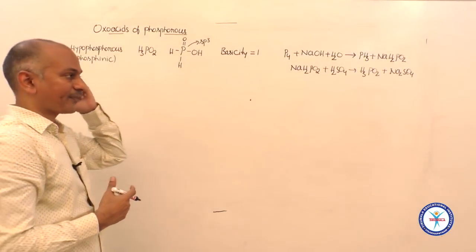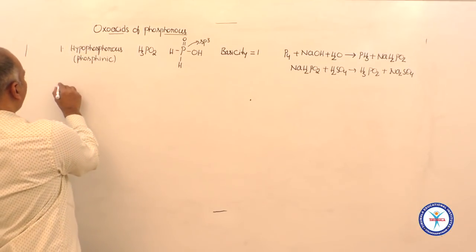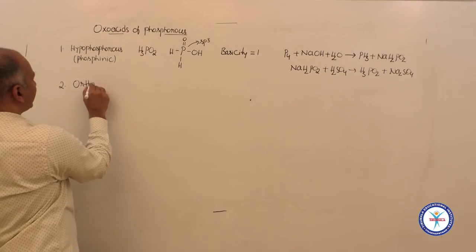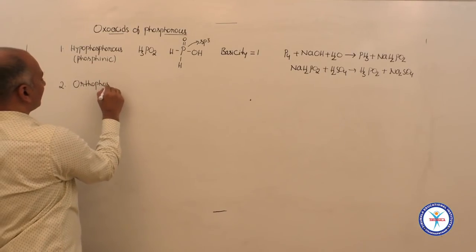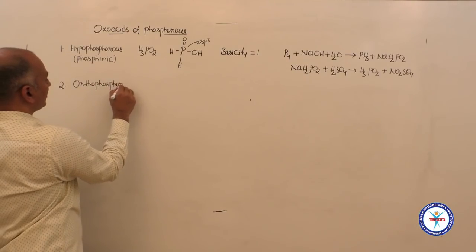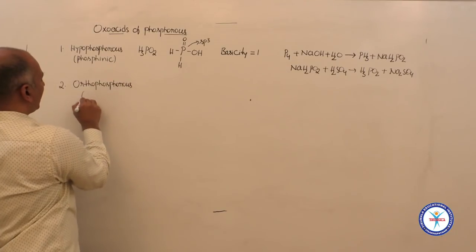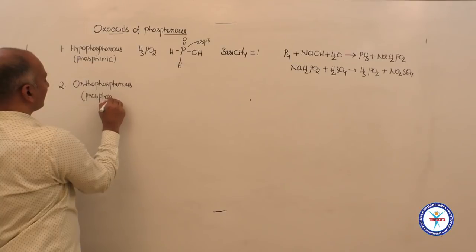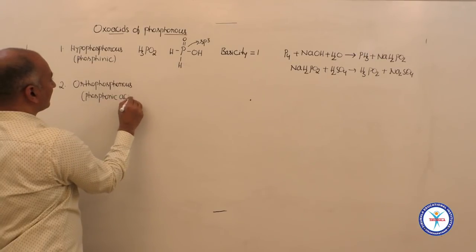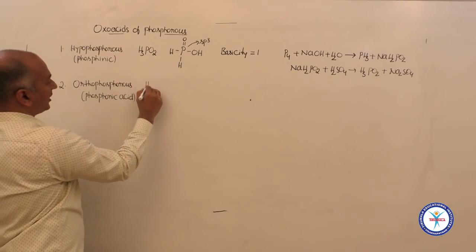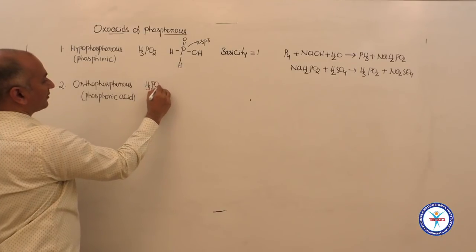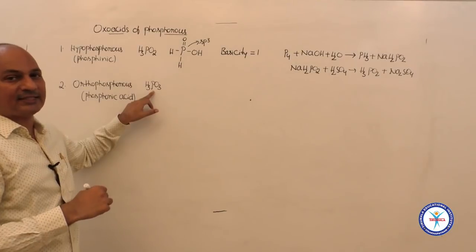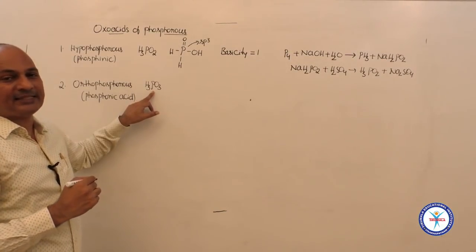of preparation. Now second one, second oxo acid, that is orthophosphorus acid, which is also called as phosphonic acid. And its formula is H3PO3. And in our previous discussion we have seen this actually directly like this.